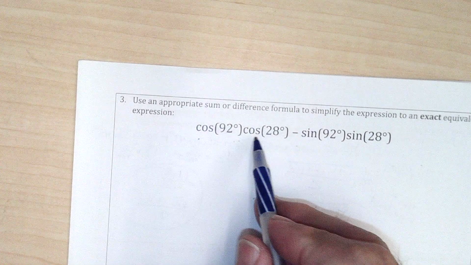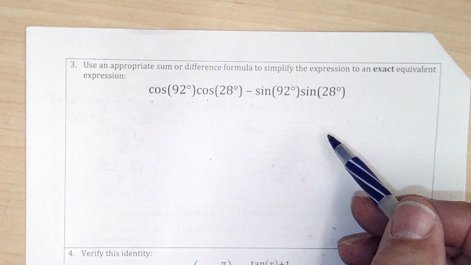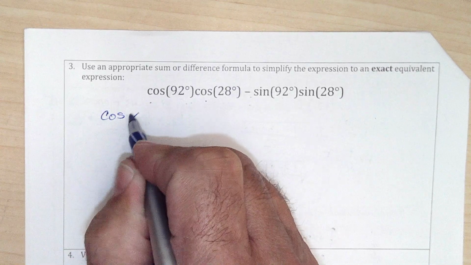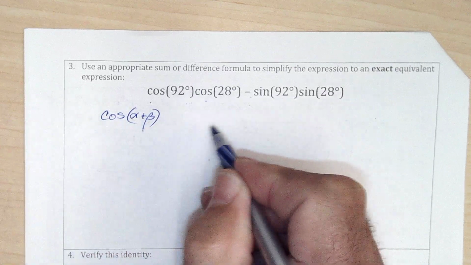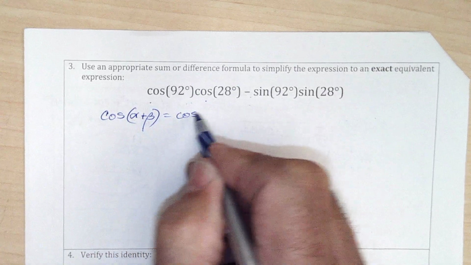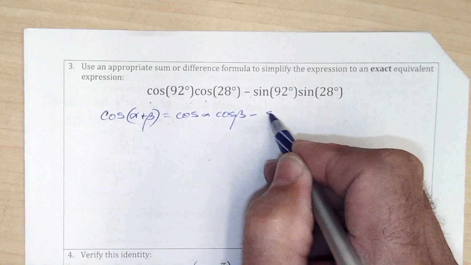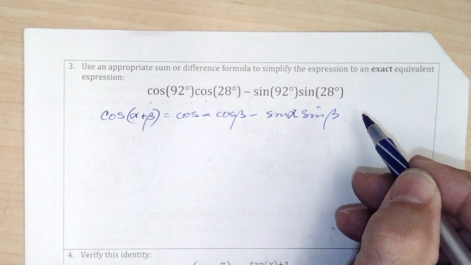Page 2. Cosine minus sine is an example of the cosine of alpha plus beta formula. It says cosine alpha, cosine beta minus sine alpha, sine beta.